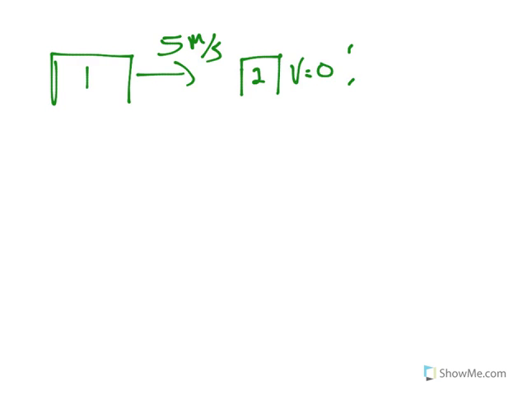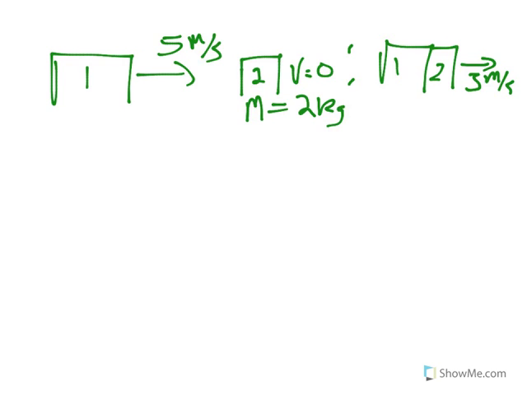Now, they collide, and glider 1 and glider 2 are together, and they move with a velocity of 3 meters per second this way. Okay. What I'm going to tell you is that the mass of glider 2 is equal to 2 kilograms. What would need to be the mass of glider 1 to make this system work?